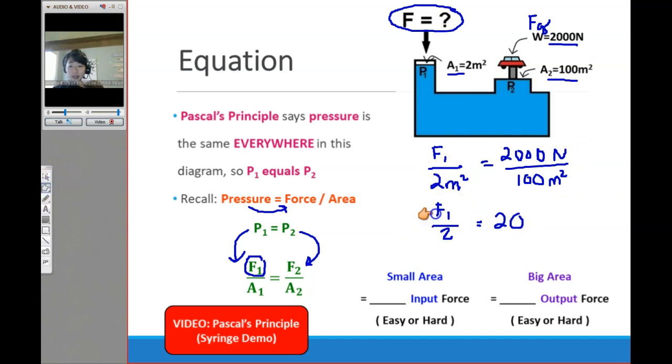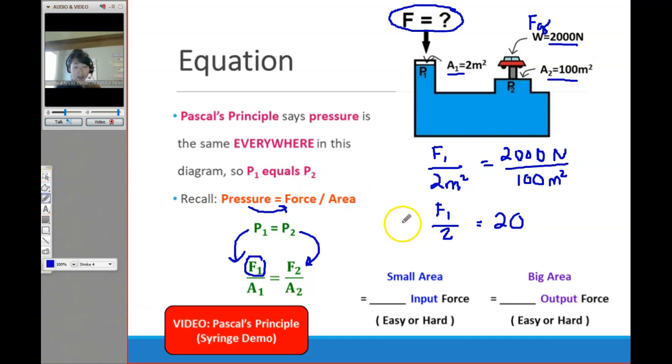So now the last thing we need to do is we still need to get this force by itself. Remember, algebra has us do the opposite function in order to get things by themselves. So if we want to get the force by itself, we need to do the opposite of dividing by 2.